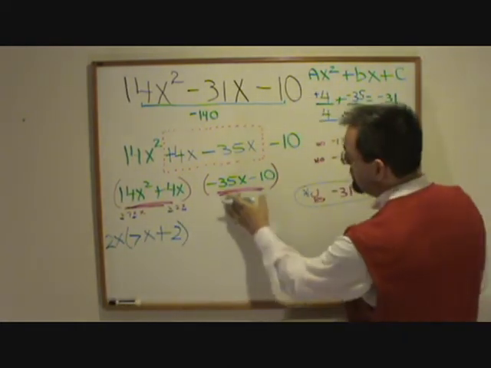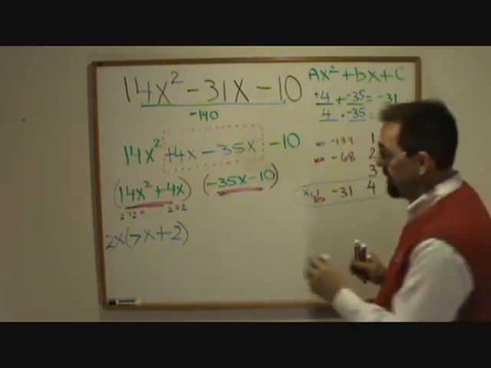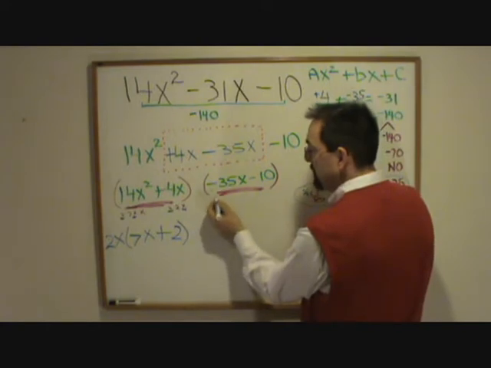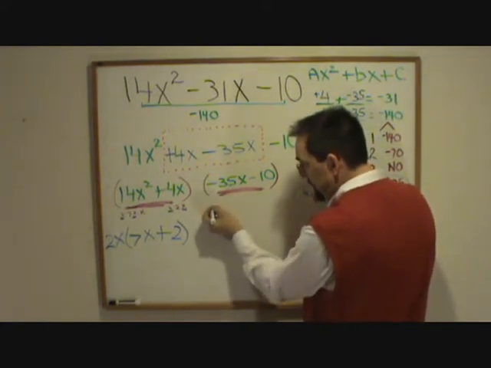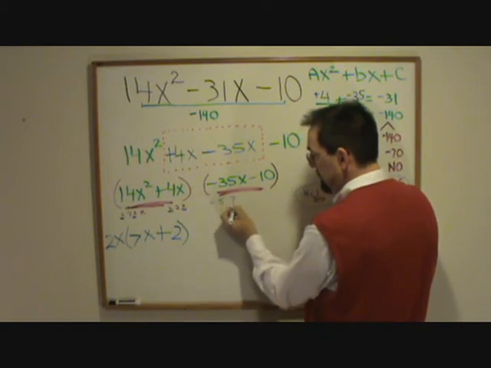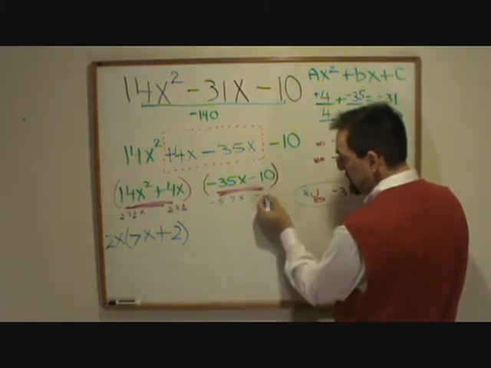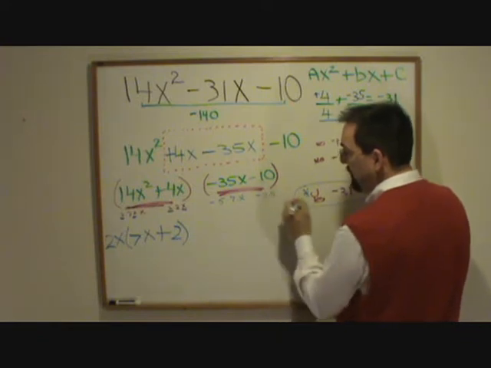Good. Let's come over to this one here. This one is a little bit harder, but if we rewrite this, what are the factors on this one? We have a minus and a 5 and a 7 and an x. Good. How about this side? We have a minus, a 2, and a 5. Good.